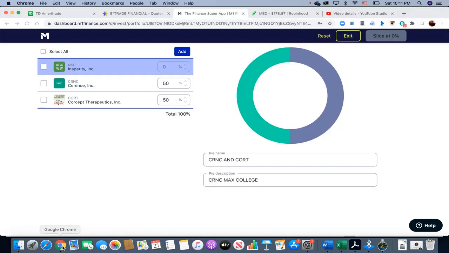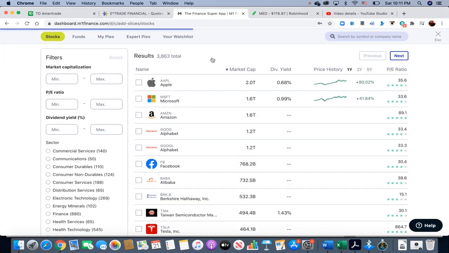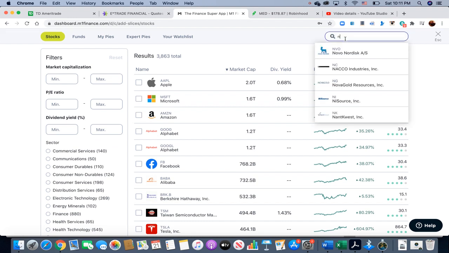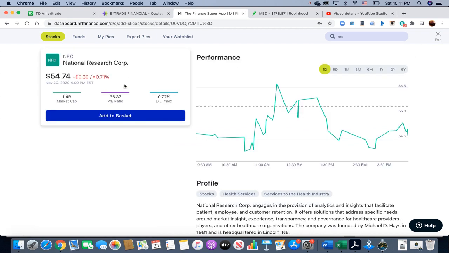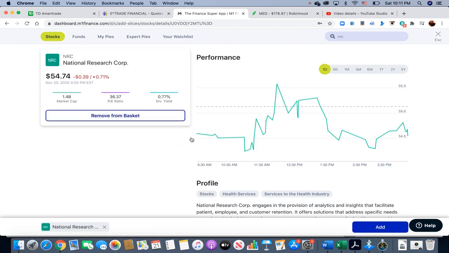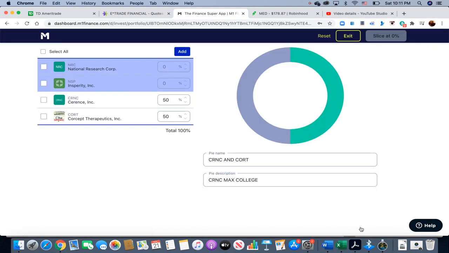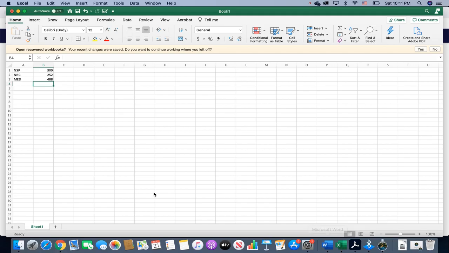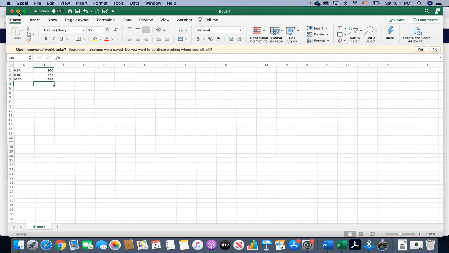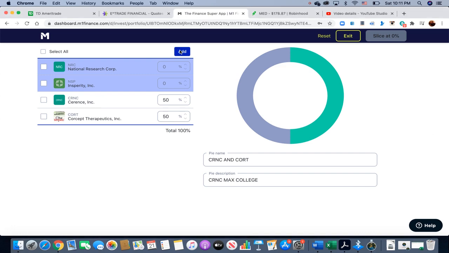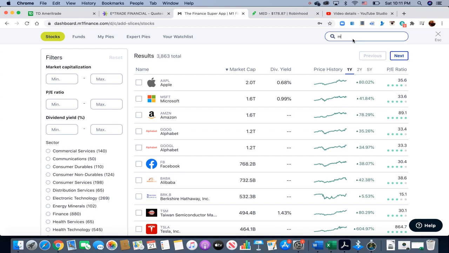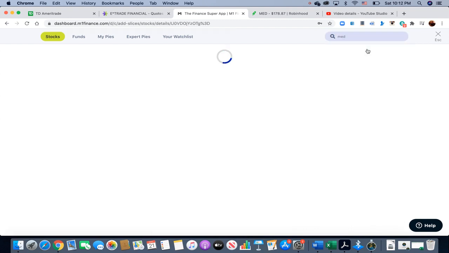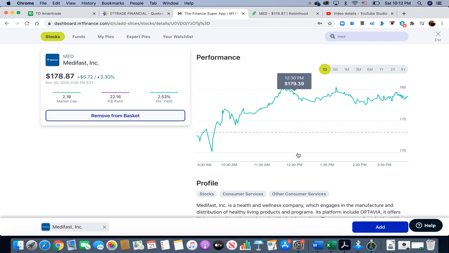Okay, add NRC right there, and then you add that too. Add. And then what's the third one? The third one is Med. Okay. You add Med, MED, add to basket, add.